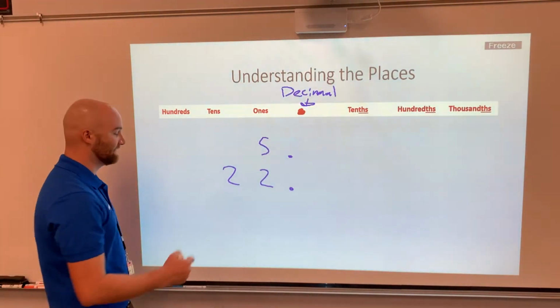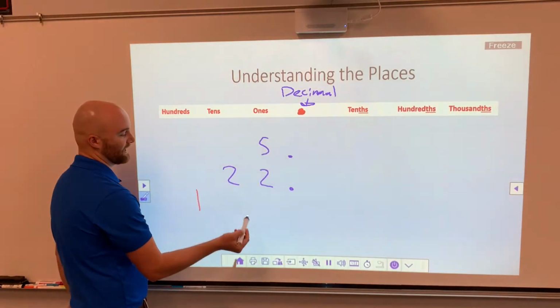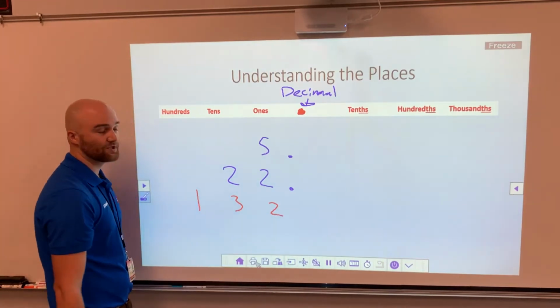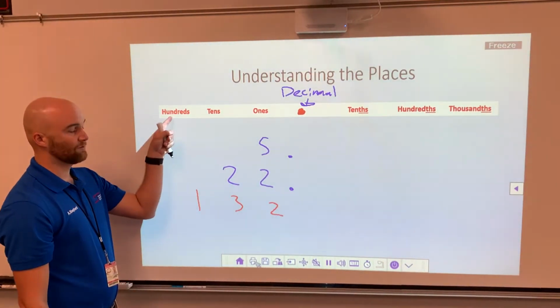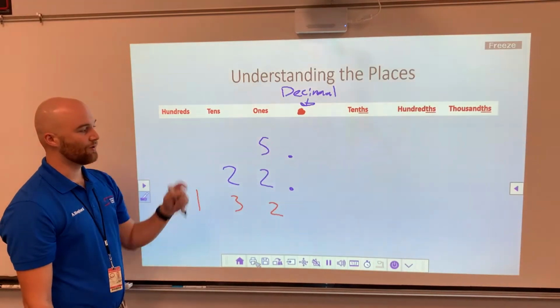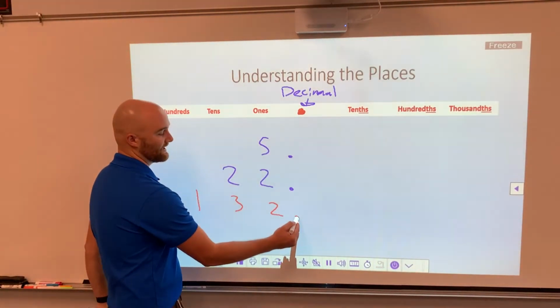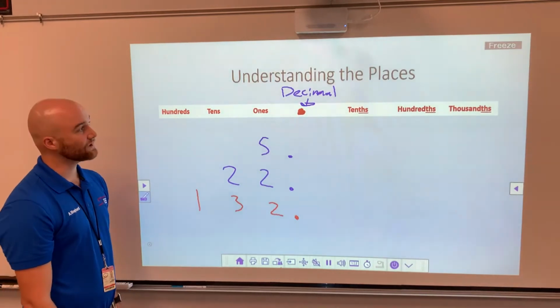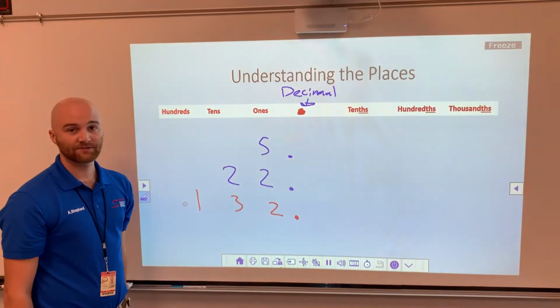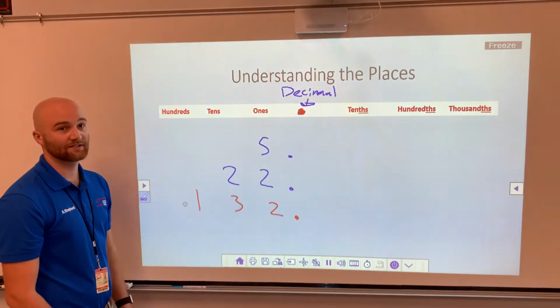Or we might say I've got 132, which again is 1 hundred, 3 tens, and 2 ones. Those are our decimals hidden right here. All we've done here is we've looked at our whole numbers and we've added a decimal to the end. Now we can tell how much something is worth.